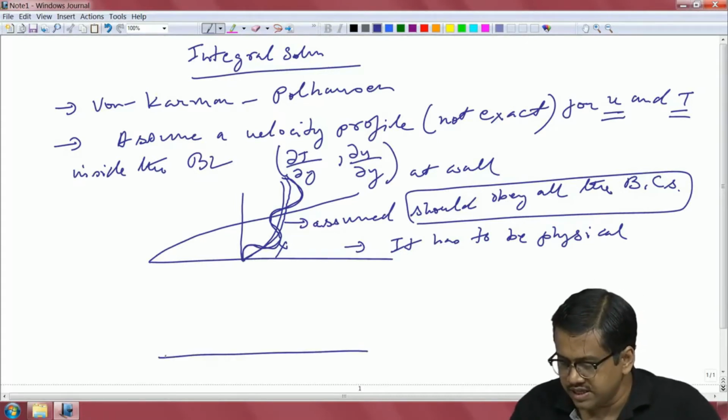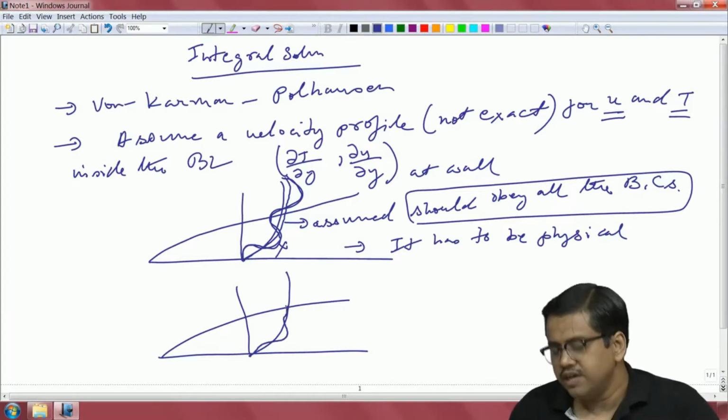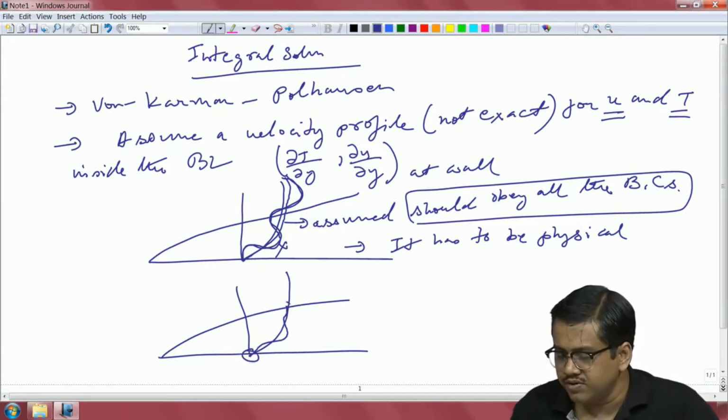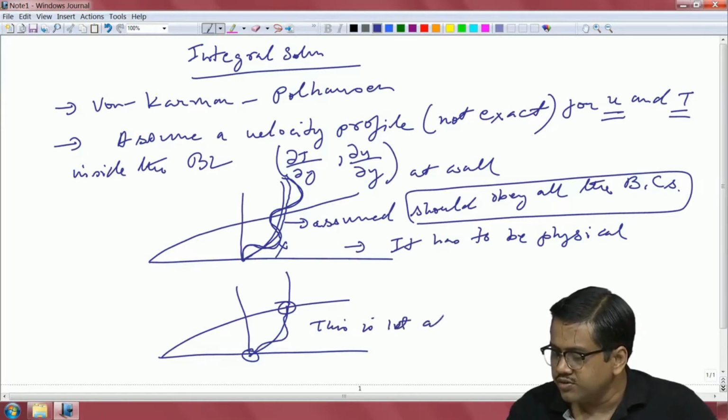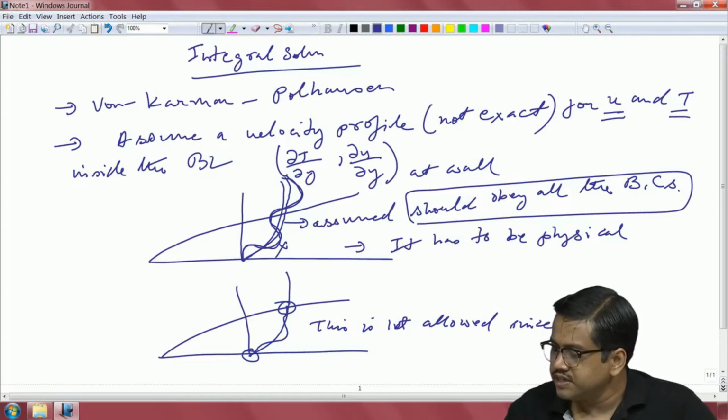Let us take this more carefully. Say I draw a profile like this, which agrees with the boundary condition here and the boundary condition there, but in between it has all these wiggles. This is not allowed, since it is not physical.